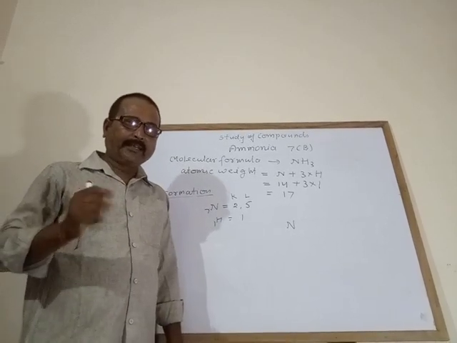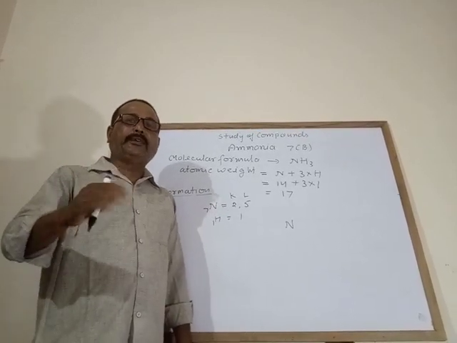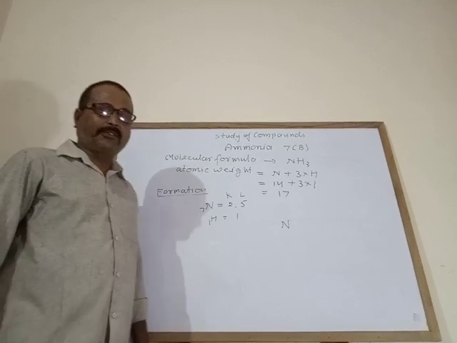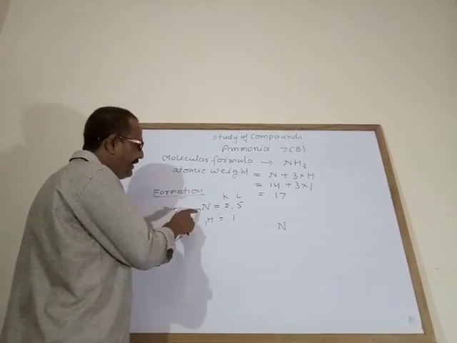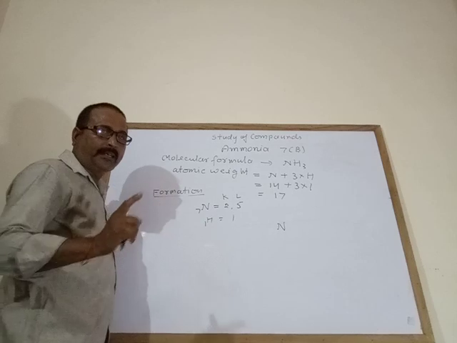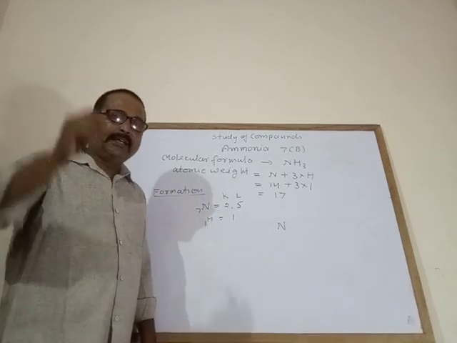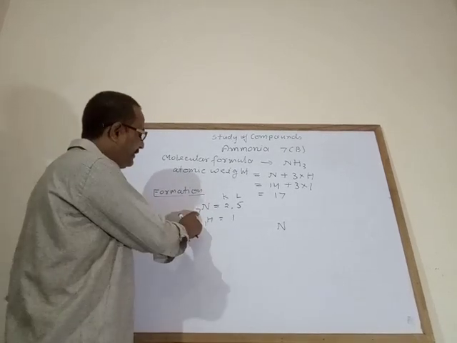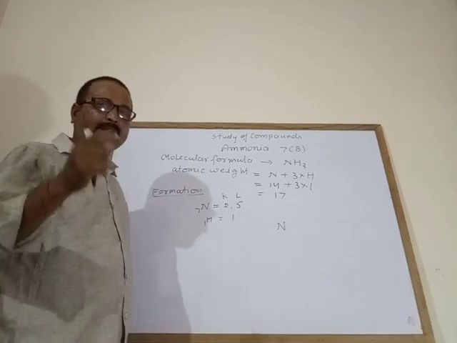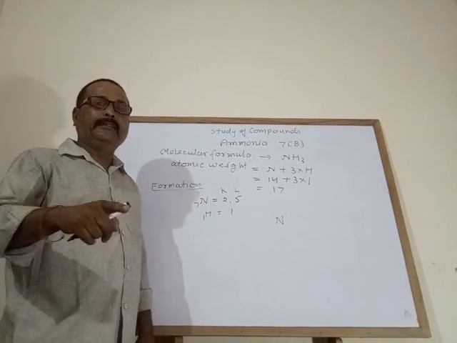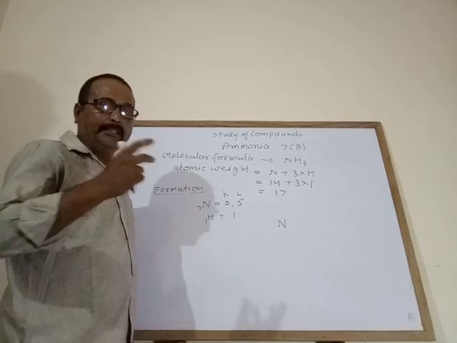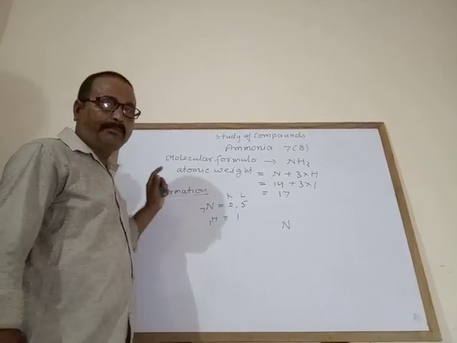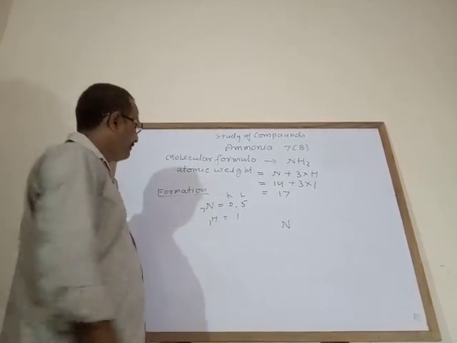Already given: the arrangement of electrons in different shells is known as electronic configuration. Atomic number is the total number of protons present in the nucleus of an atom, and mass number is the total number of nucleons present in the nucleus of an atom, called mass number or atomic mass.